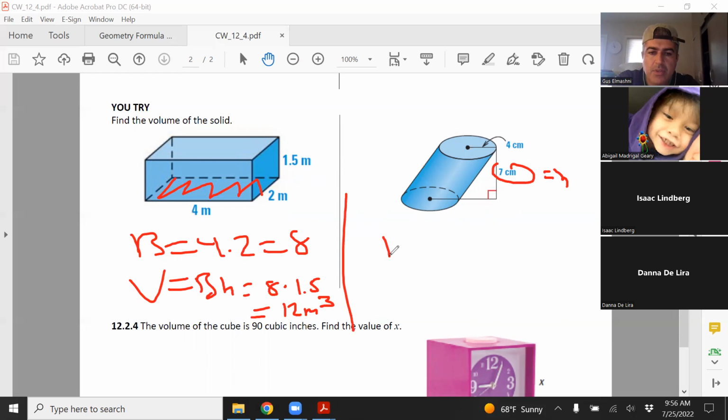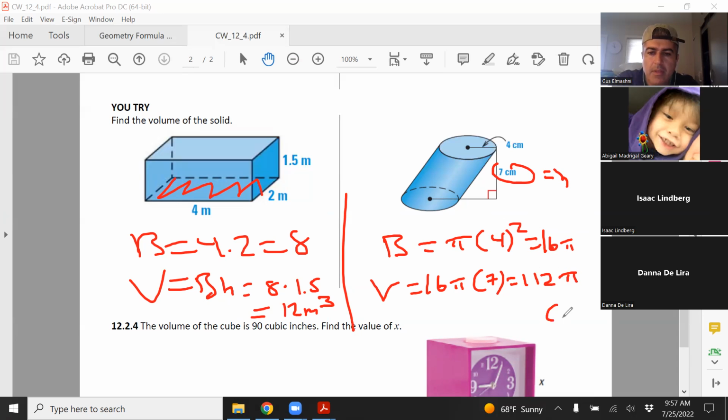So again, you're doing BH, but the base is a circle with a radius of 4. So you get 112 pi. And that's cubic centimeters. Okay. Any questions on those two?